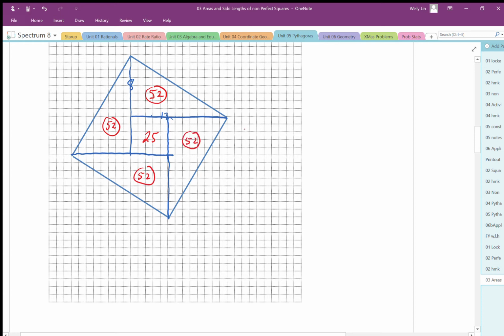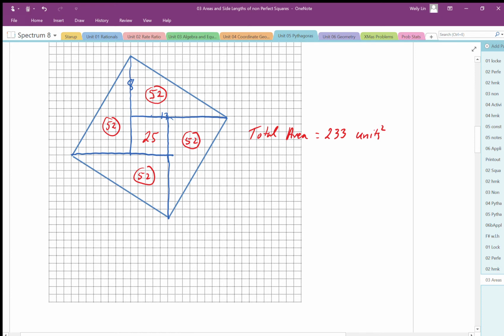So the total area is equal to 208 plus 25, so 233 units squared. Okay, so that's what we're looking for.